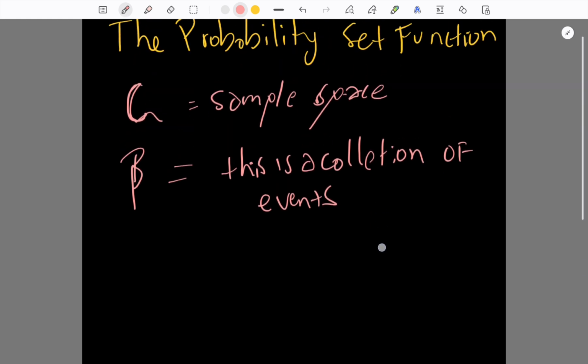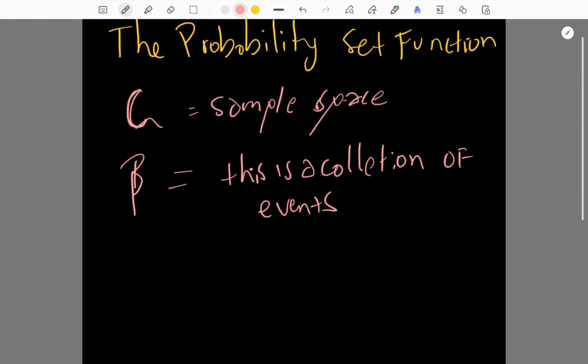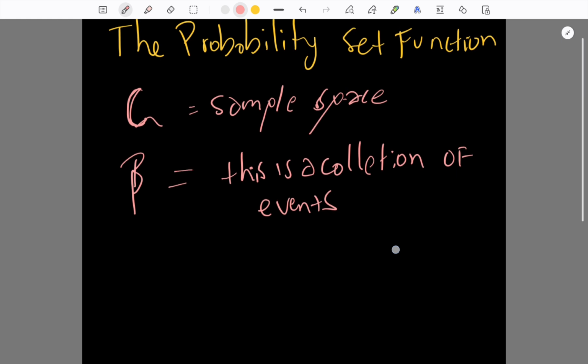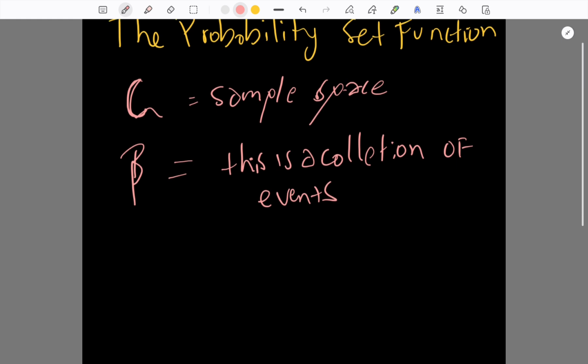So for this moment I want you to try to think about the intuition of relative frequency.